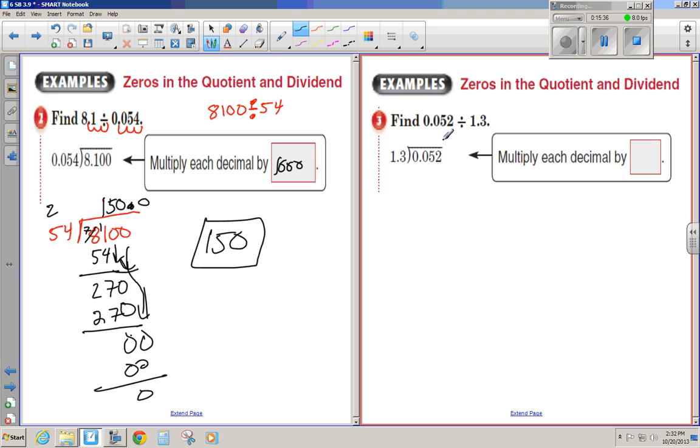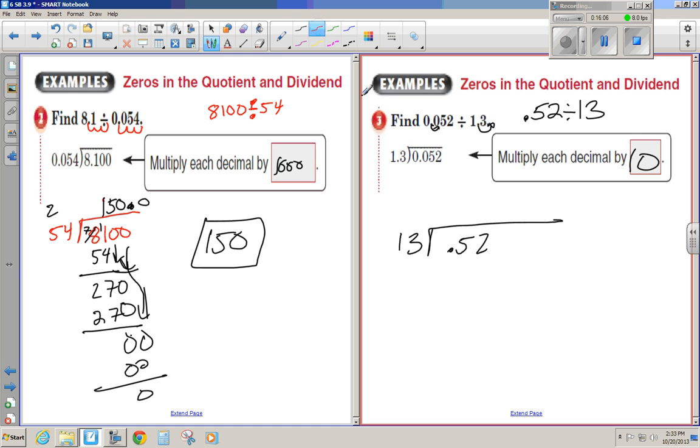Let's do another example. This time, look at this. What you're dividing by should move the decimal one place. One place. So, 0.52 divided by 13. So set up the division problem. 13 goes into 0.52. Now here it's telling you to multiply each decimal by 10.